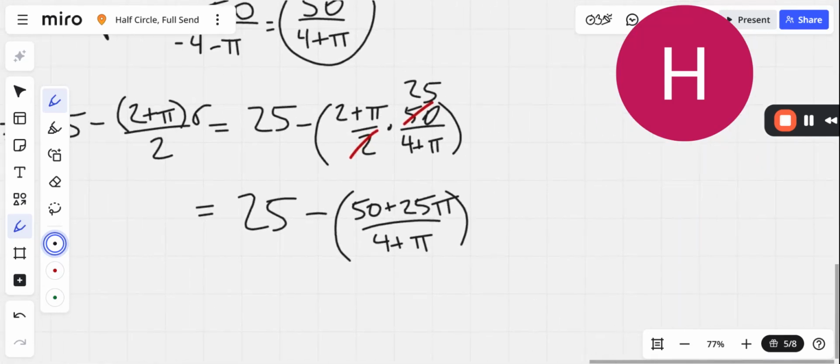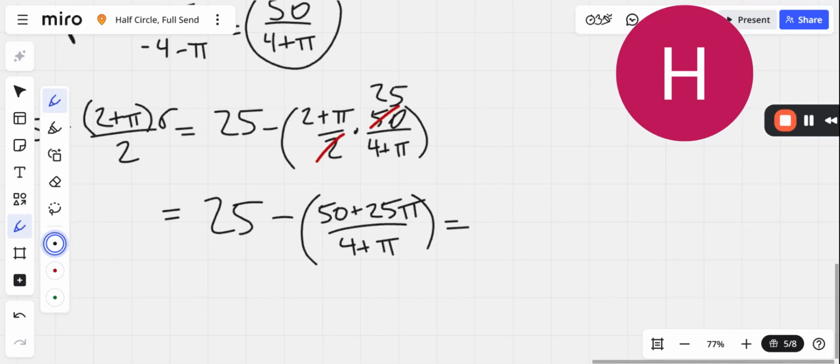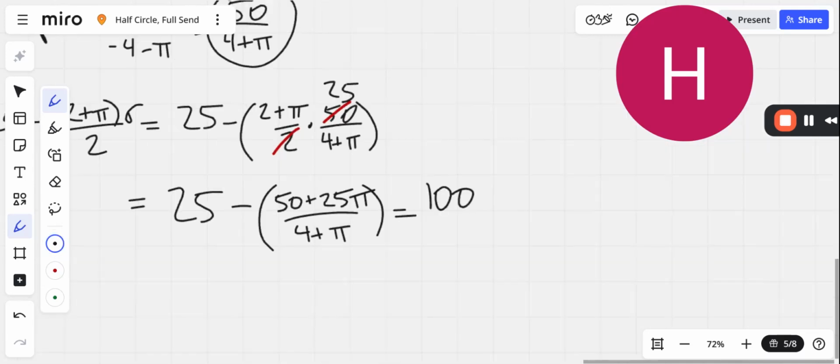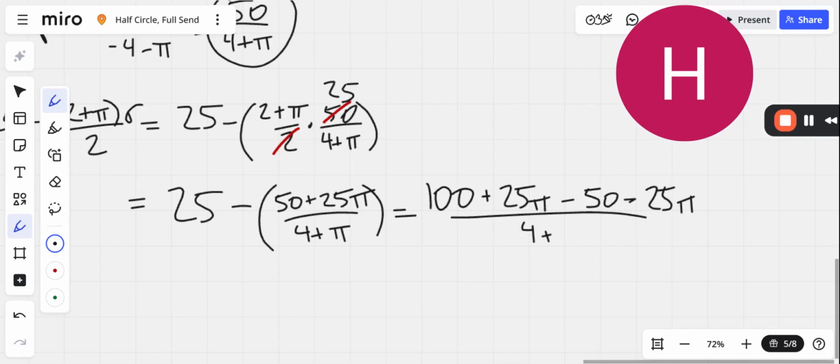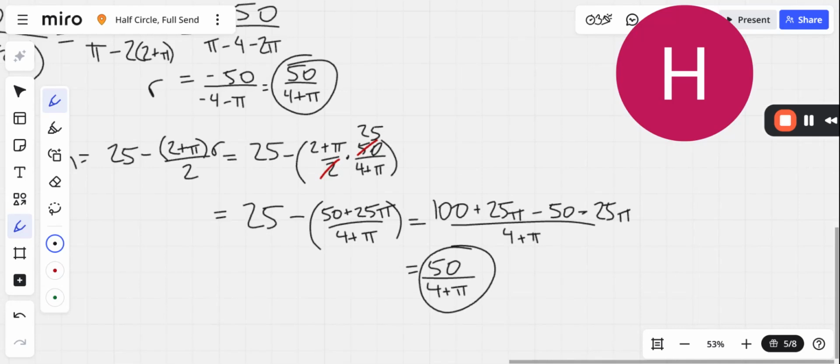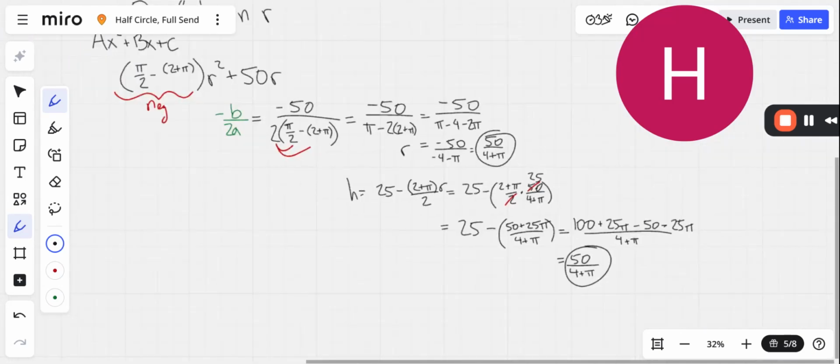If I really wanted to get a common denominator, I'm sure I could. So let's do that. We're going to end up with 100 plus 25 pi minus 50 minus 25 pi. Get some nice cancellation there. For a total of also 50 over 4 plus pi. Very interesting there. So these are the dimensions of the rectangle that are going to give us a maximum total area.